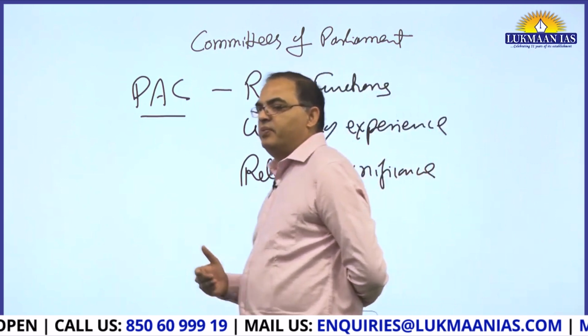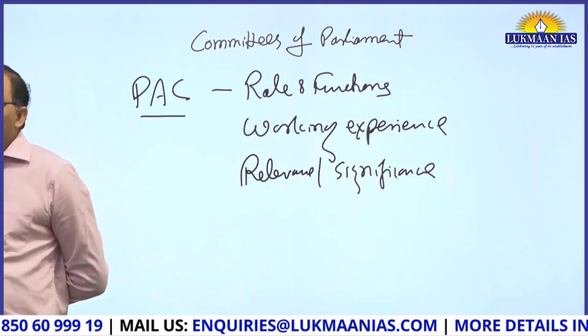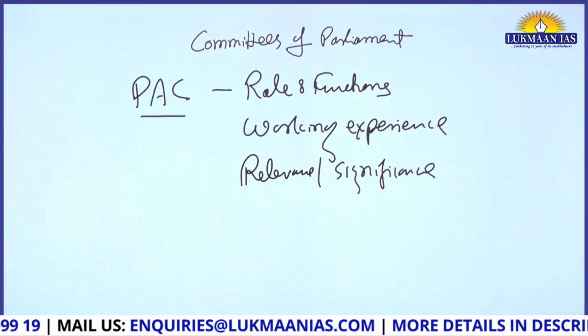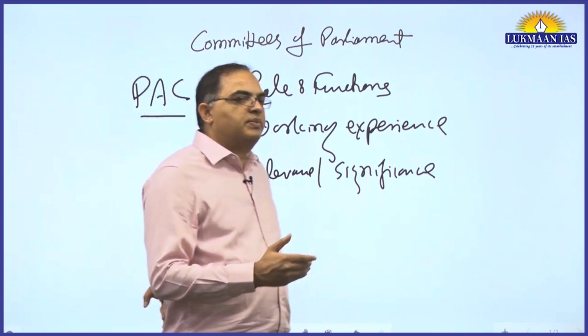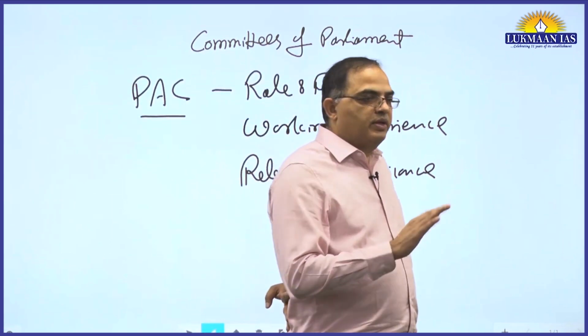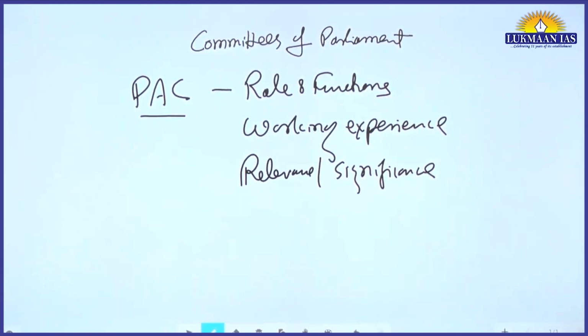PRS has given a report till 2019 about the Public Accounts Committee, that in 80% of the cases the government has accepted its recommendations. It is a very high level, even though it is recommendatory, that 80% of the recommendations are accepted by the government.